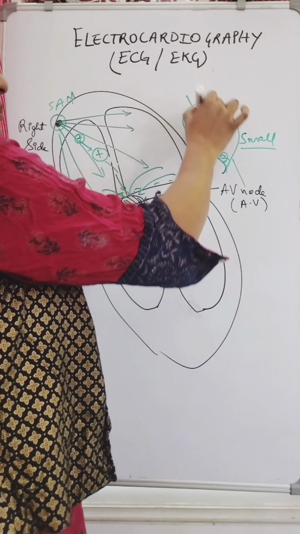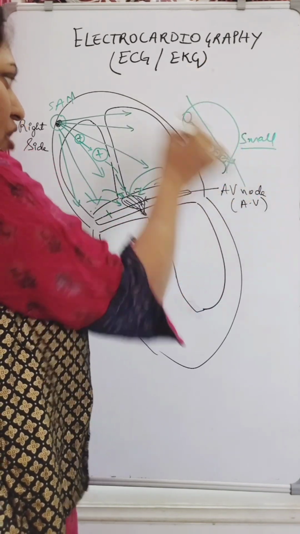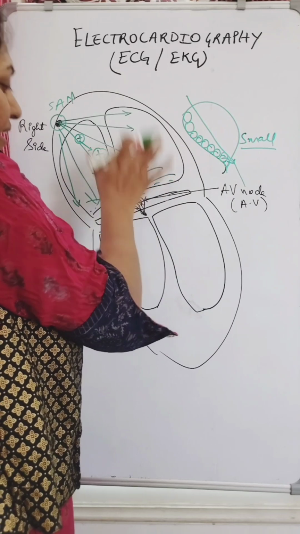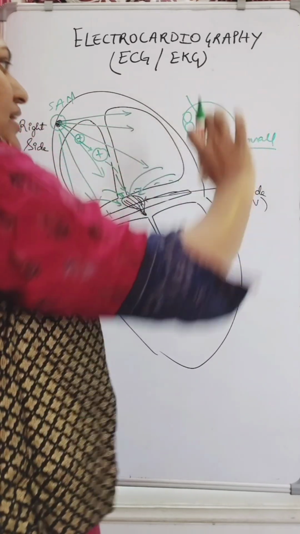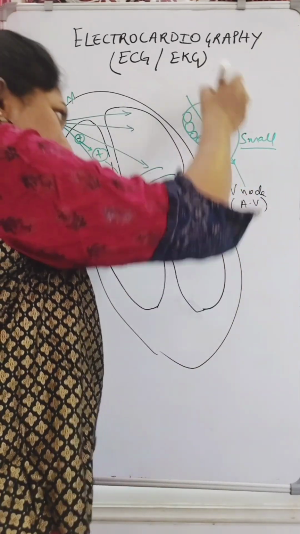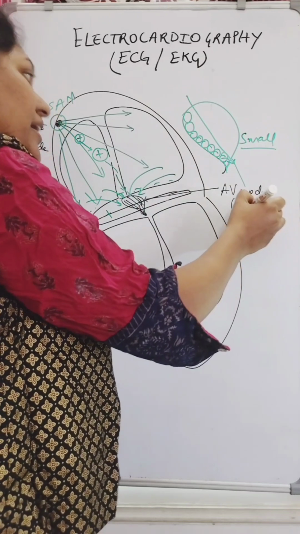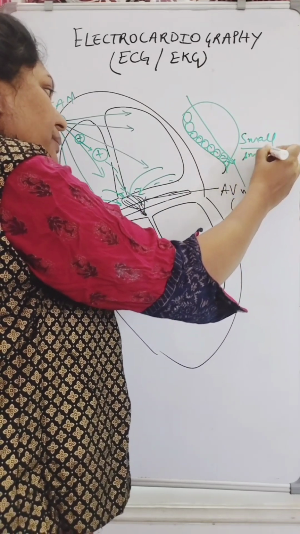So what happens? The electric impulses which have to be passed from atrial contraction to ventricular contraction through the AV node, the speed of passing of positive ions is very, very negligible.